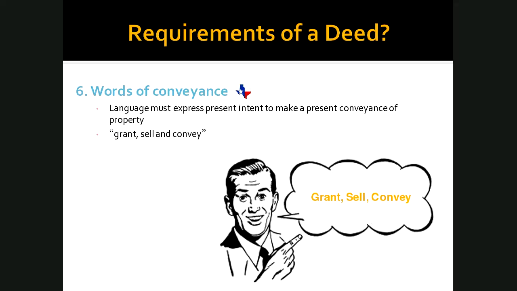And you'll see all three of them. They sound to me like they all are the same thing, but they still have all three in deeds. It's just sort of standard language, but that expresses the present intent to sell, right? Because you're going to grant ownership to someone. You're going to sell ownership to someone. You're going to convey ownership to someone. So you have to have words of conveyance.